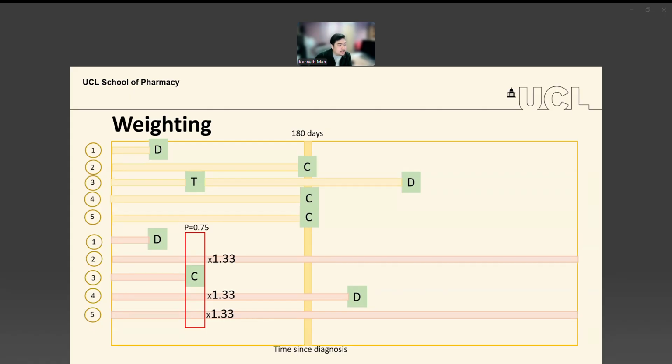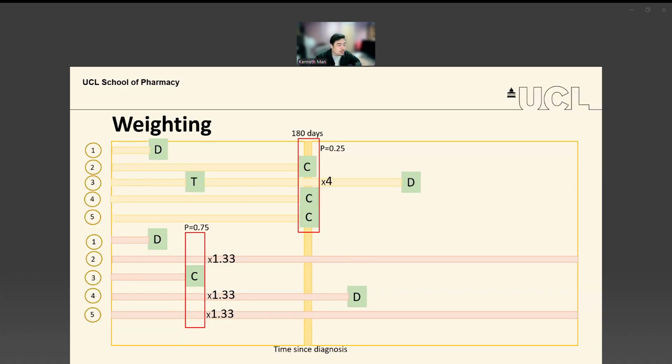Then how about the treatment arm? At day 180, we have 3 people who are being censored. We only have 1 person left in the follow-up. So in that sense, the probability of adhering to the treatment assignment is 0.25 because 1 out of 4 is adhering.